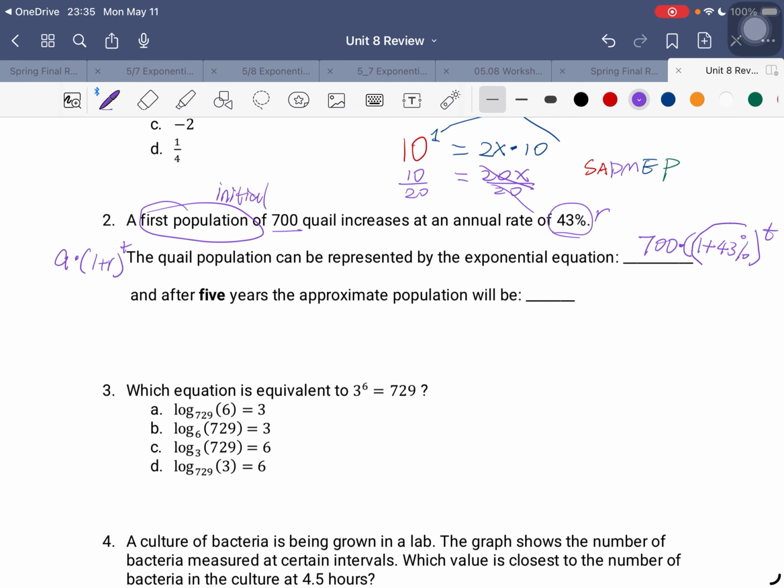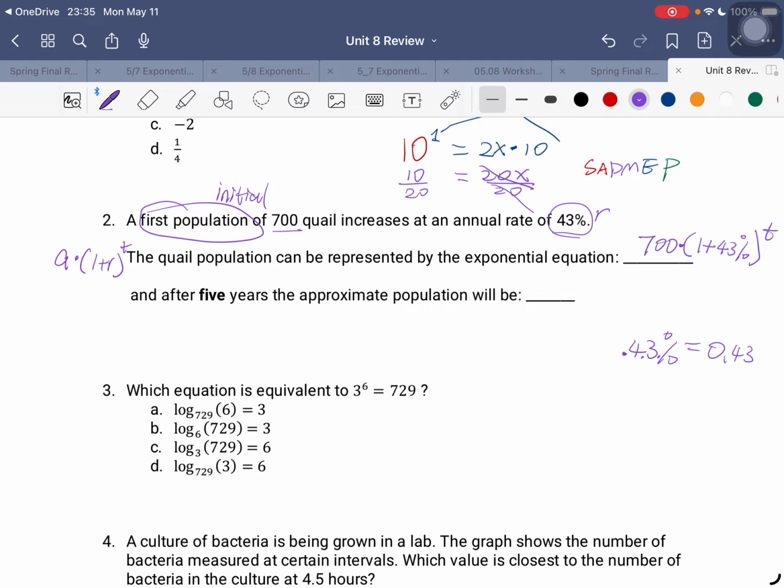However, can I combine the 1 plus 43%? Can you please tell me what is 43% in decimals? Use your calculator. Tell me what's 43% in decimals. It's 0.43 because I need to move the dot twice to the left.